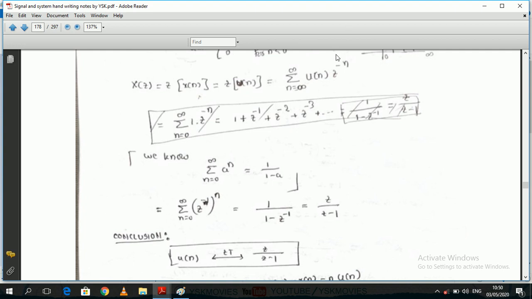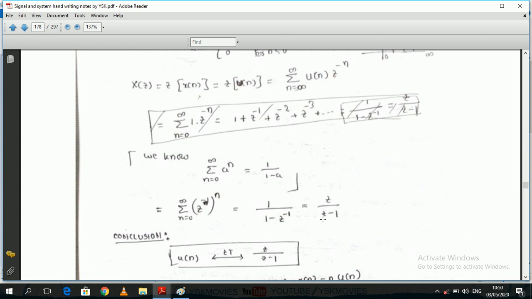Just replace u of n, which is nothing but 1, and the remaining is z power minus n. So I just keep the power n by putting minus 1 here. Then it is in the form of a power n, right? So then it is 1 by 1 minus z inverse. So this is the formula for the unit step, useful in further solving of complex, messy problems.